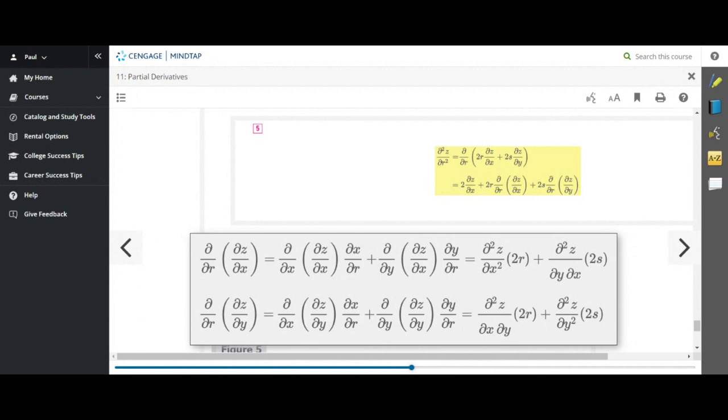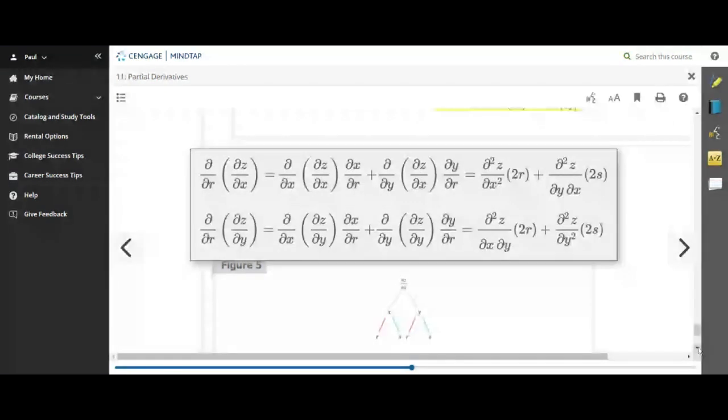They are writing out the chain rules, and since you know the definitions of x and y, they then write out the formulas. You're going to have to look at it a little bit, but I'm just trying to illustrate what they're doing so that you have an idea here.